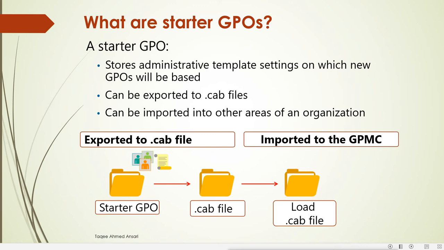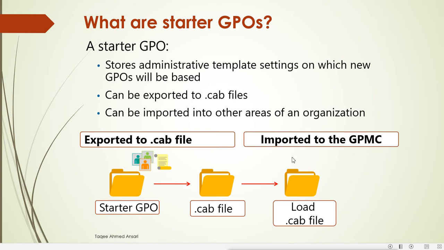What these starter GPOs are is actually a storage, a template which contains the default, predefined settings. Some of the templates come by default with the domain controller, and if you want more templates, then you can download them.